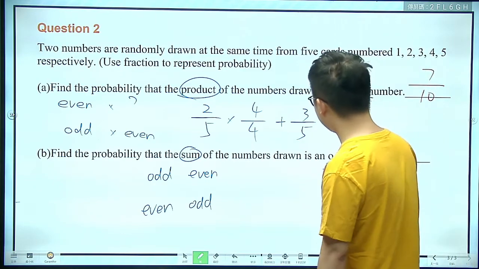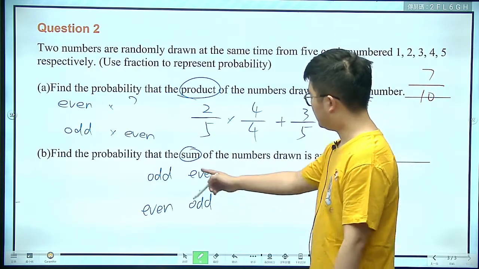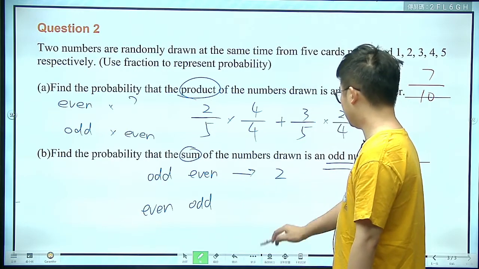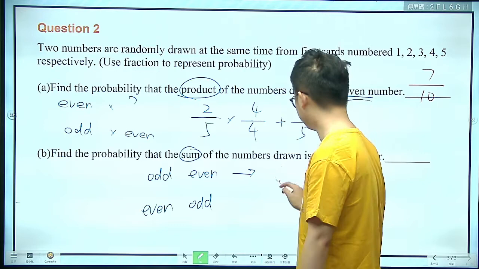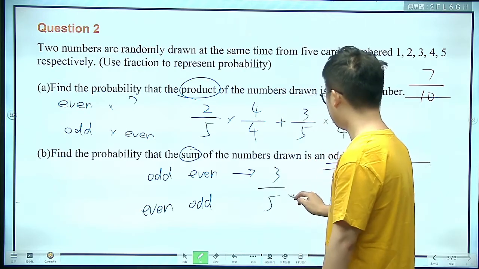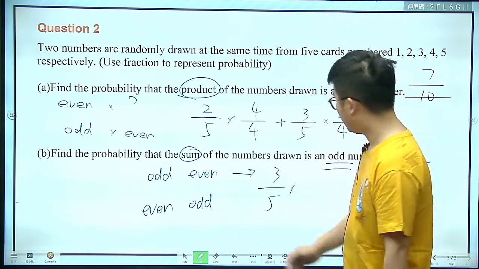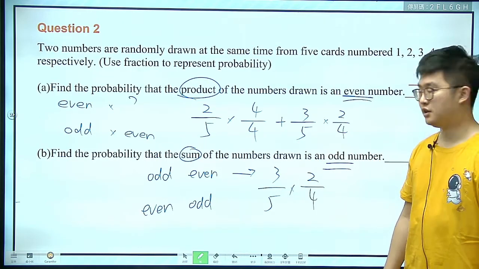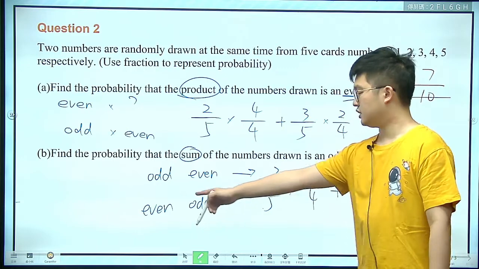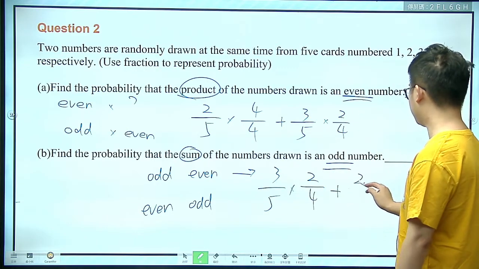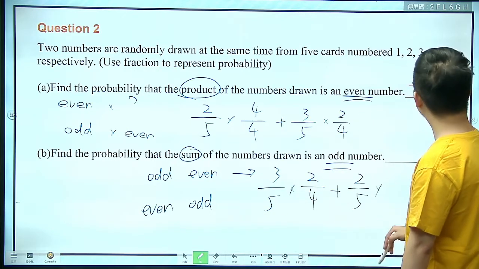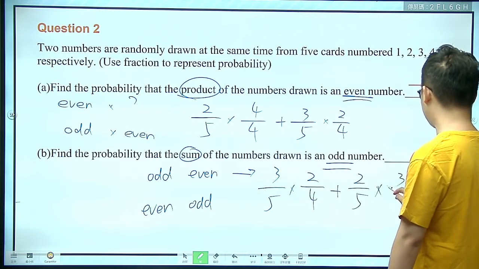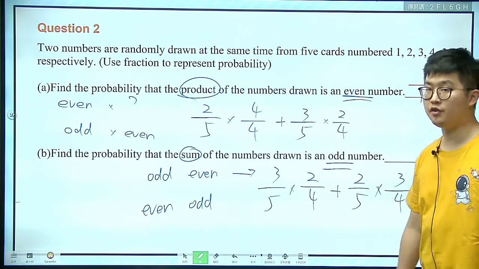So for this scenario, it will be 3 out of 5 times even number in the second place, 2 even numbers over the 4 numbers left, right? And plus even number in the beginning, that is 2 over 5, times an odd number.